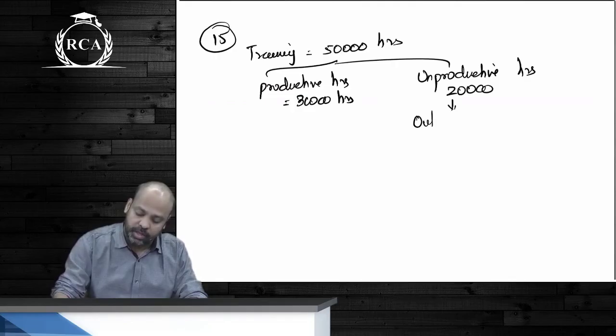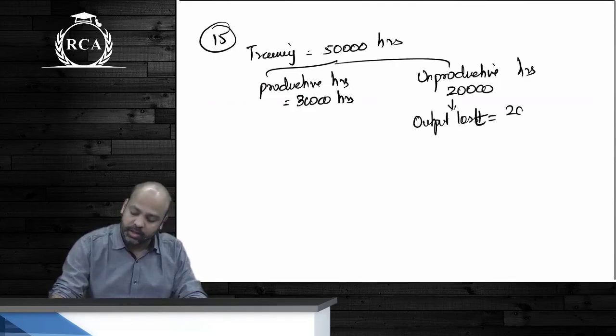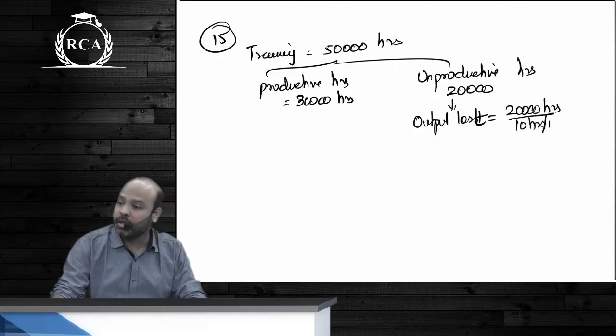Output lost here would be 20,000 hours divided by 10 hours per unit, and that would be 2,000.